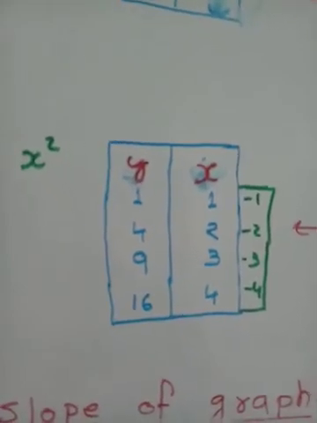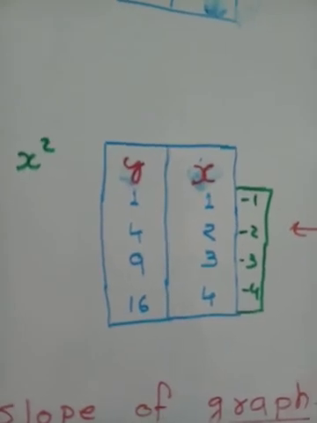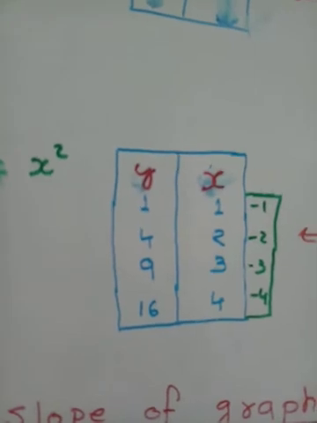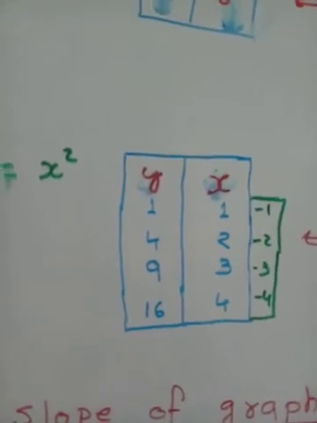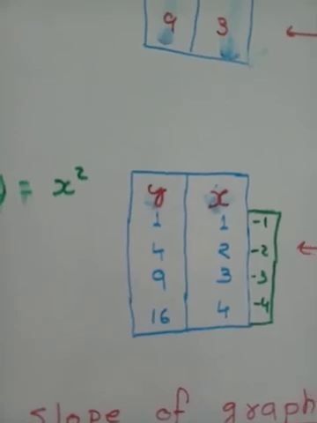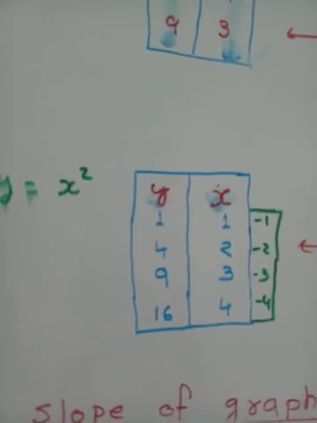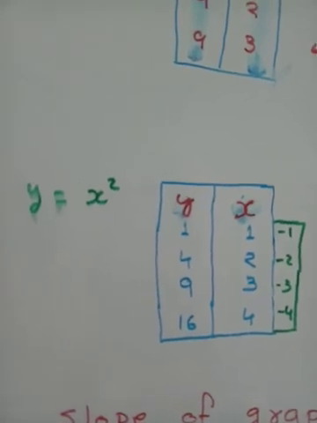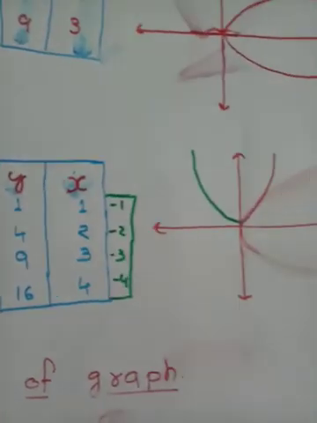If x is -1, y is 1. If x is -2, y is 4. If x is -3, y is 9. If x is -4, y is again 16. So whether you take positive values of x or negative values of x, you are going to get the same values of y. And now when you plot this graph, you will get this.